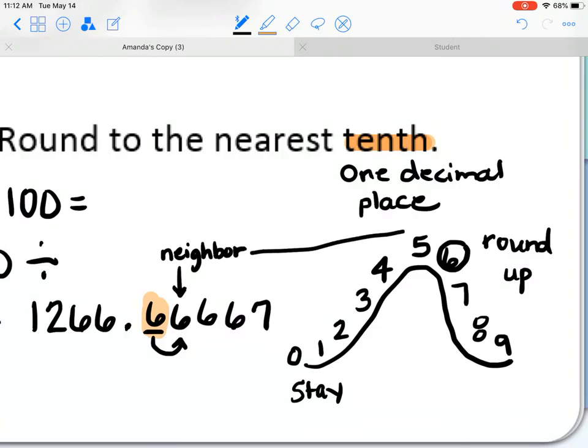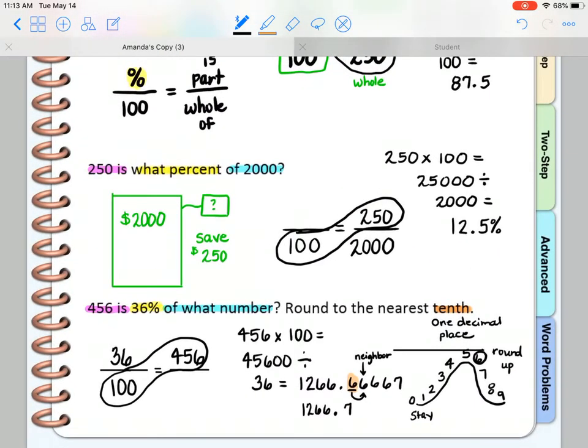So my answer will be 1266.7. So that we are left with 1 decimal place in our answer, and it is properly rounded. So that's a good review of how to round.